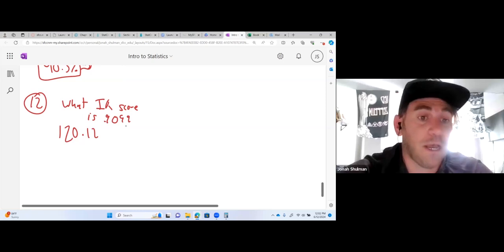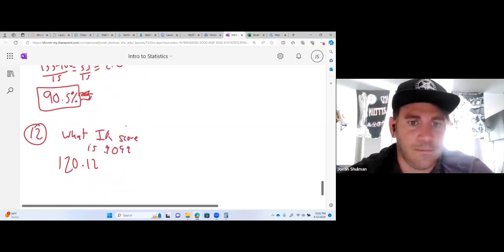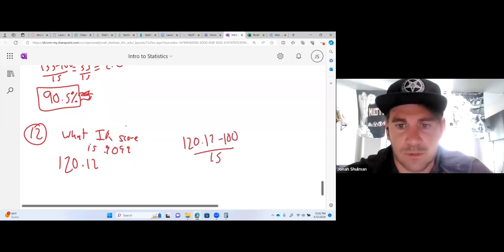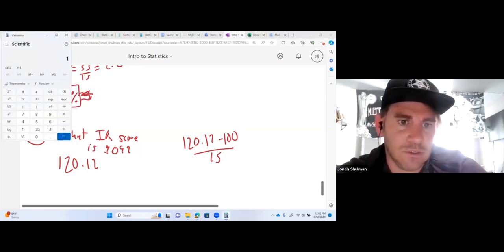See if that works. If I go backwards, let's see if I get the 90th percentile. So ready? 120.12 minus 100 divided by 15. Let's just see if we can go backwards. Because the good thing about math is you can go either way you want.